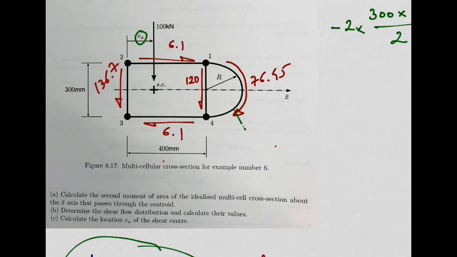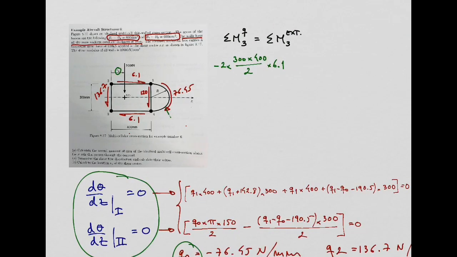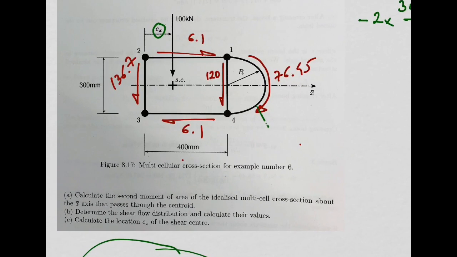Now, the next one we can do is this 120 in this wall 1-4. Also clockwise moment, so minus 2 times the area. Which area do we need now? Again, boom number 3, always. We are evaluating the moment about boom number 3. And we need to use boom number 1 and boom number 4, which are the 2 booms sharing the wall where you have 120 shear flow acting.